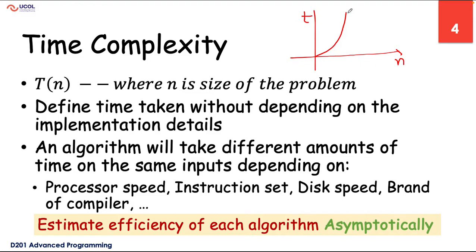What we are saying is that with the increase in n, the time is also increasing, but it will not be more than this particular curve. So we can say that it is O(n^2), quadratic complexity. If we have something like this, that is a linear complexity, because the time taken should be something like this.